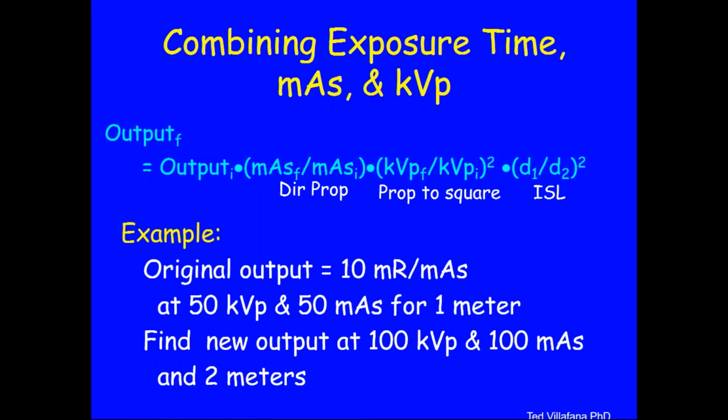Here's an example. If the original output was 10 mR per mAs at 50 kV and 50 mAs at 1 meter, what's the new output if instead of 50 kV, you go to 100 kV? Instead of 50 mAs, you go to 100 mAs. Notice that the voltages are doubled. And then instead of 1 meter, you go to 2 meters.